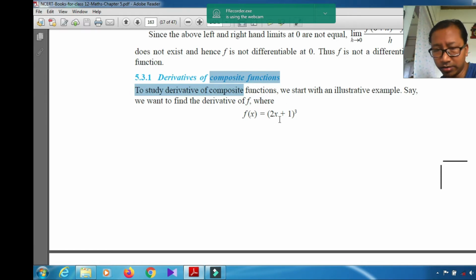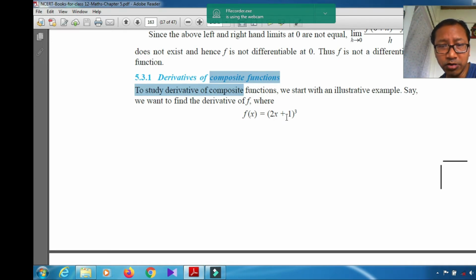If you see it, you can notice that this (2x plus 1) whole cube looks like x cube. If it were x cube, then it is much easier for us to differentiate, like the differentiation will be 3x square, but it is not x cube.